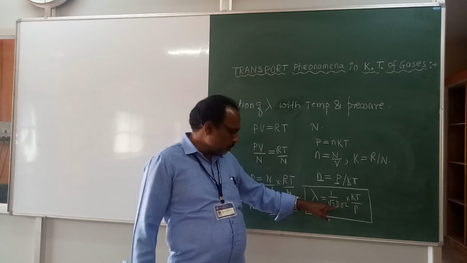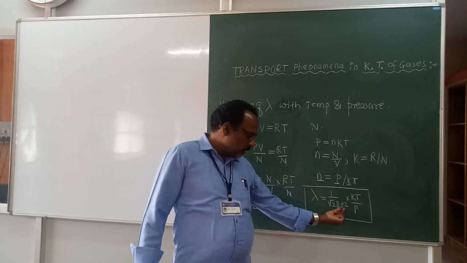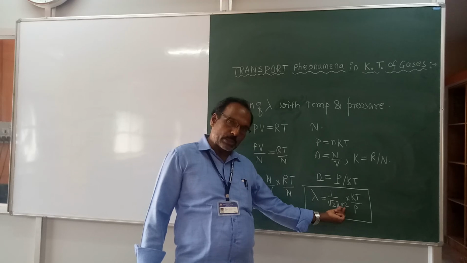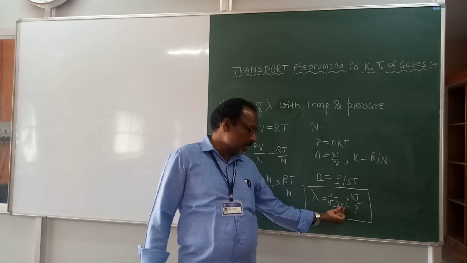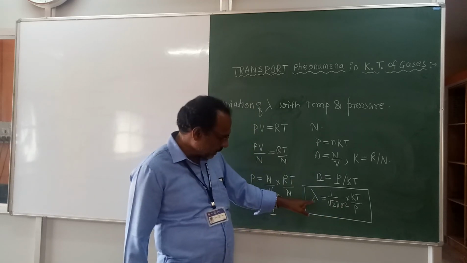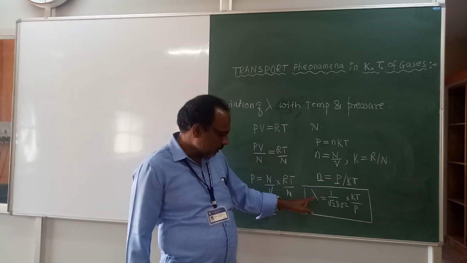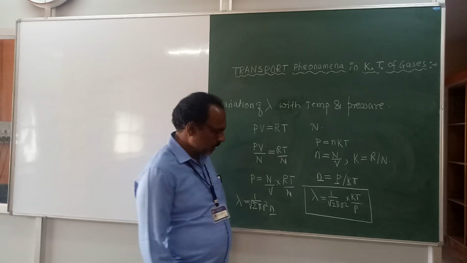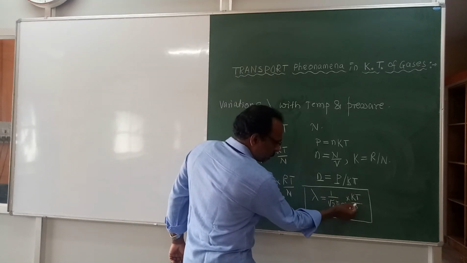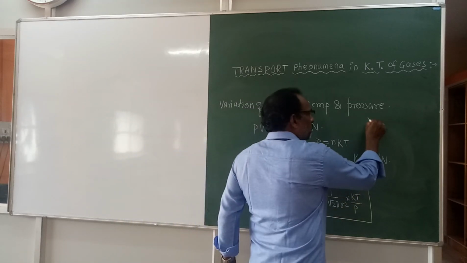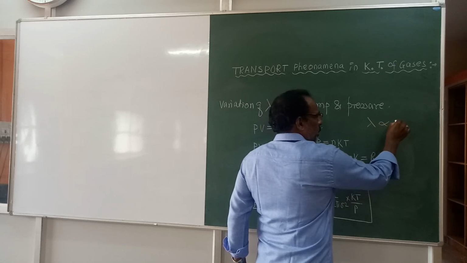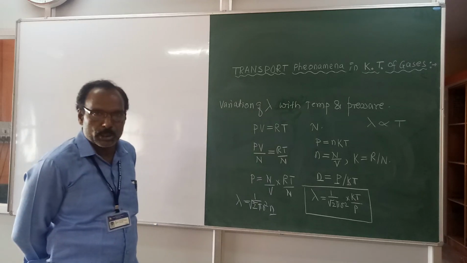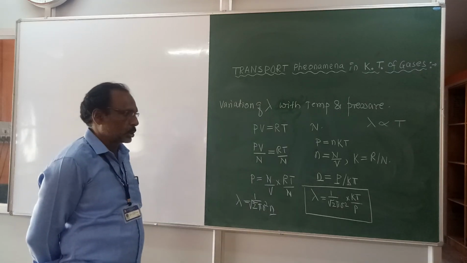Root 2 is constant, pi is constant, and for a given gas the size is constant, the diameter is constant. Look at this: lambda, the mean free path, K, the Boltzmann constant. It is dependent on these two. Mean free path of a gas is directly proportional to the absolute temperature. Please remember this.